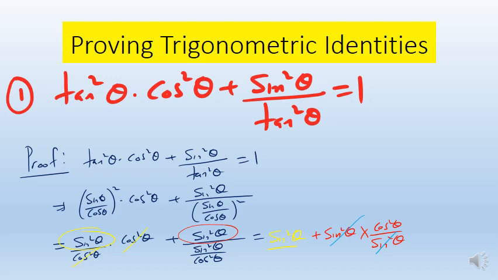And what have we got? We got sine squared theta and cos squared theta. We remember from our early studies of the fundamental trig identities that cos squared theta plus sine squared theta is equal to 1, which is exactly what we wanted to prove, and that is quite easily done. Brilliant.